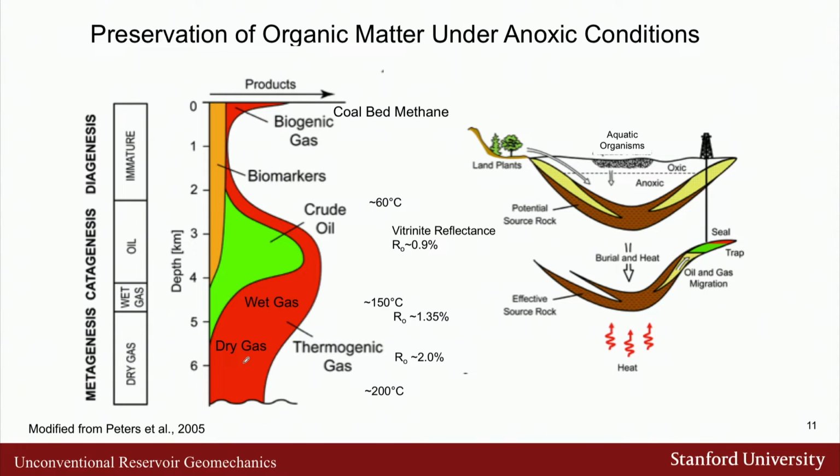rather nicely. What's basically being shown as a function of depth is depth and temperature, of course, trade off. A typical thermal gradient in many of the areas we're interested in is 25 to 30 degrees C per kilometer, plus the mean annual surface temperature, which might be something like 10 degrees centigrade.